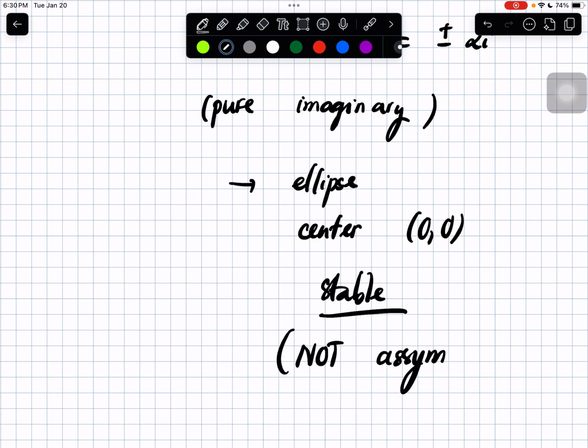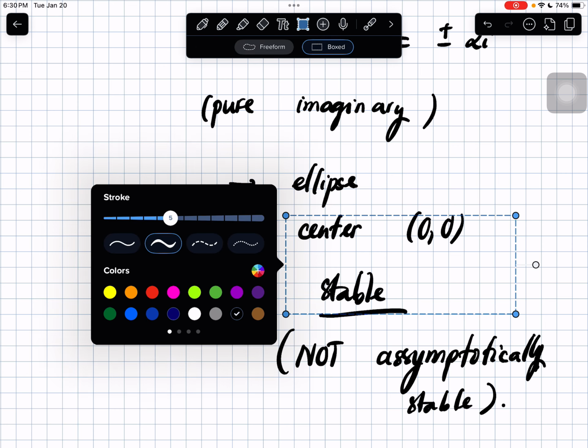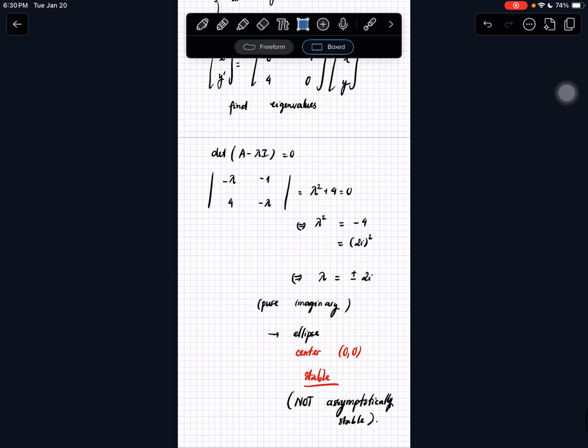So we already answered one of the questions. The origin is a center and it's stable.